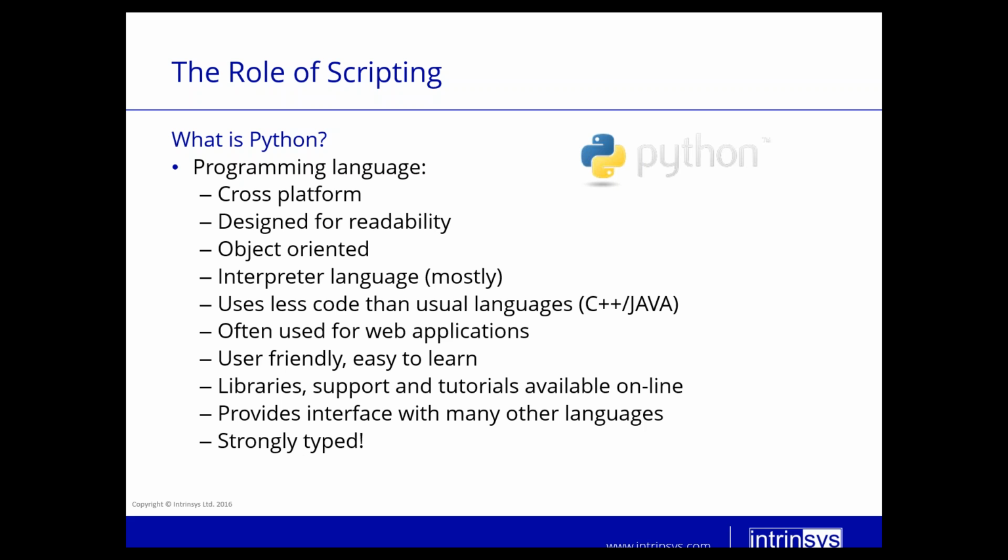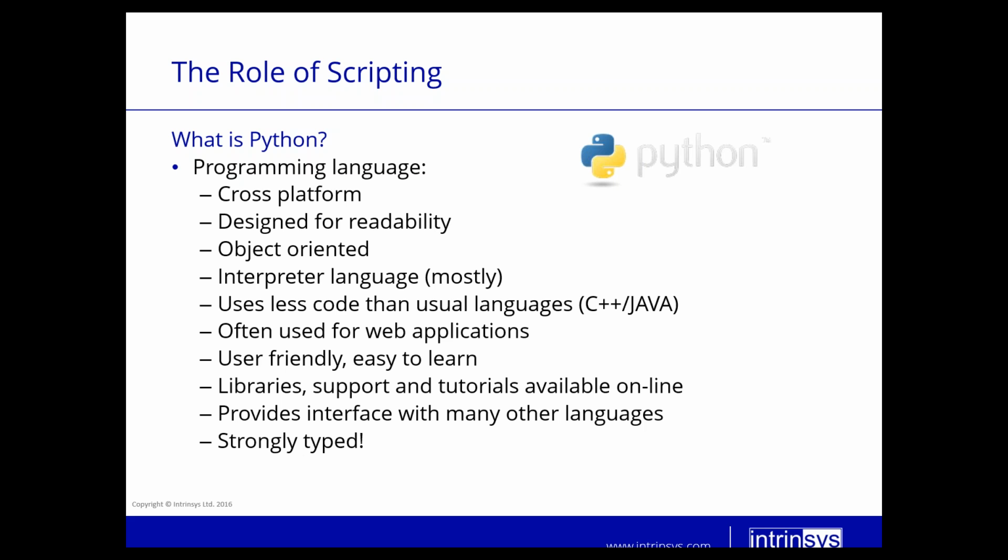Also, it's object-oriented. We'll talk about that in a bit more detail later. It is mostly an interpreted language. That means every line as you write it will be interpreted as opposed to compiled to machine code and executed that way.